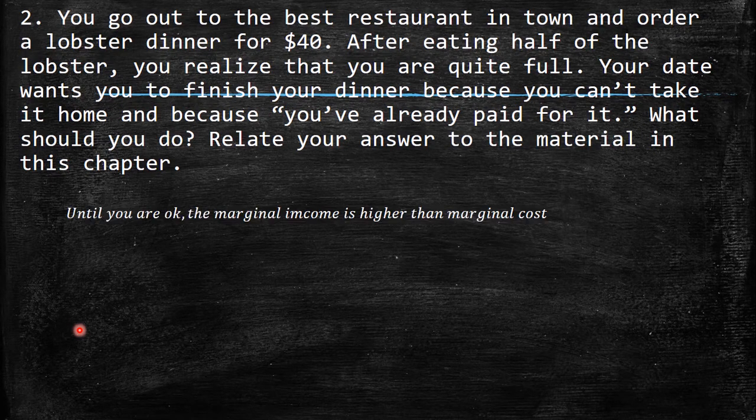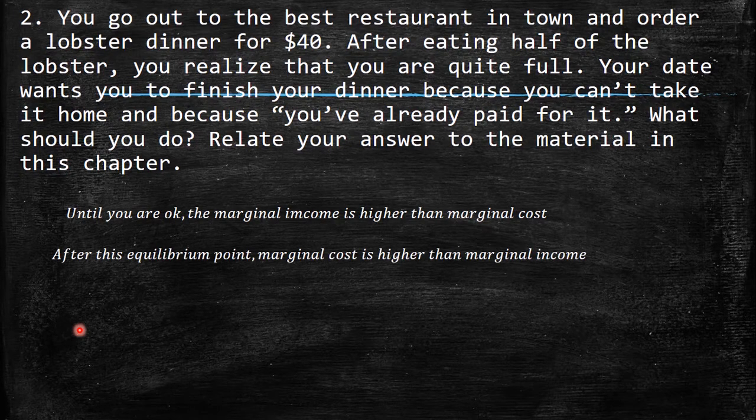So the idea is that, in quotation marks, as long as your marginal benefit, your utility, is higher than the marginal cost, it means that the cost of eating one spoon or one additional portion of food is better than the cost of feeling full.